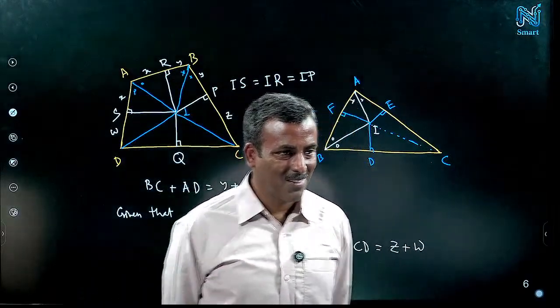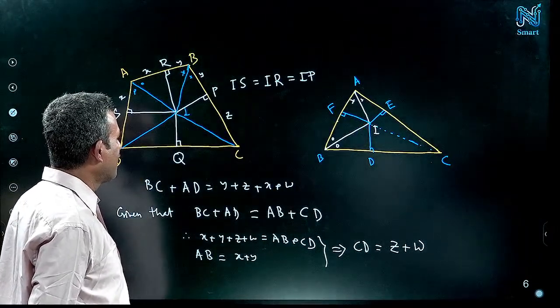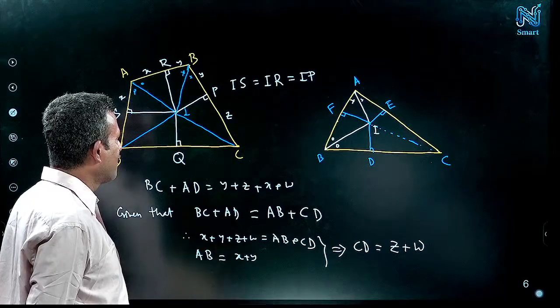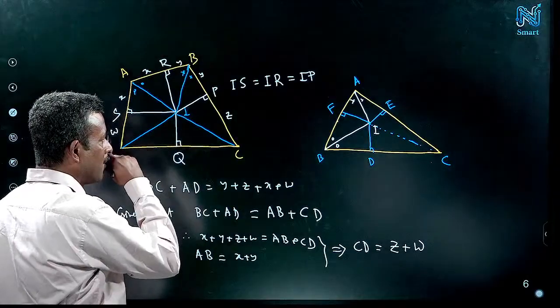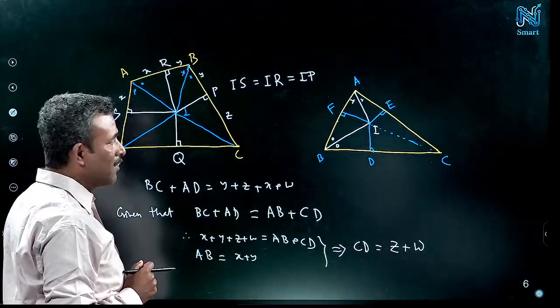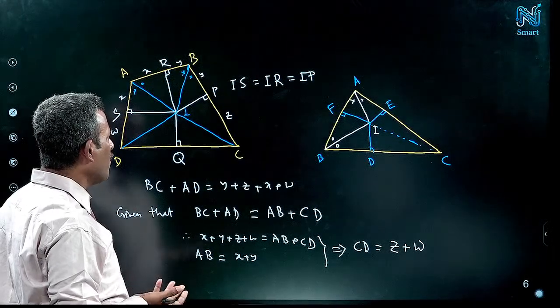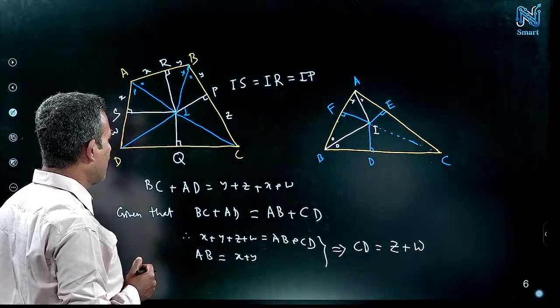So then we can say DQ and what, congruent? Similar triangles, I can say. We don't know whether these two are congruent or not. We have to prove that IQ and IP are equal. Then CQ and PC are also equal.